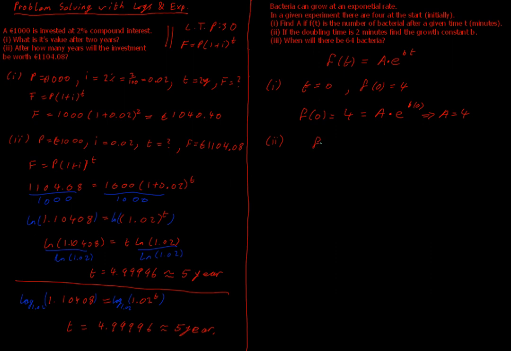So I'm looking for f of t is equal to twice f of 0. Or rather, I have f of 2, I should say.